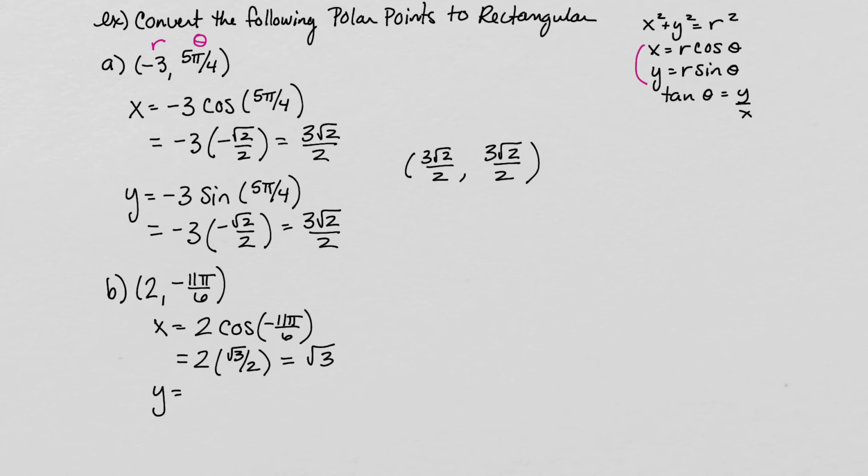And then y is going to be 2 sine minus 11 pi over 6. So it's going to be 2 times, what's the sine of minus 11 pi over 6? Yep, 1/2. So this is going to be 1. So this is the point root 3, comma 1. Questions?